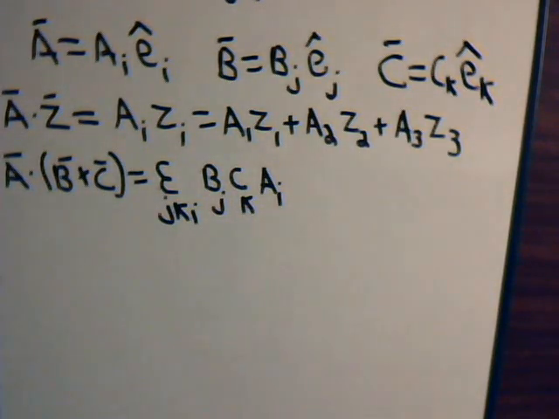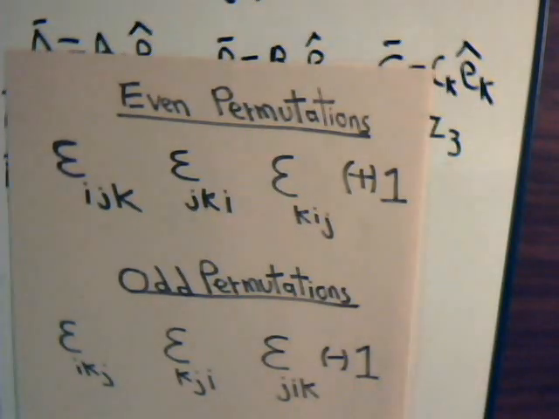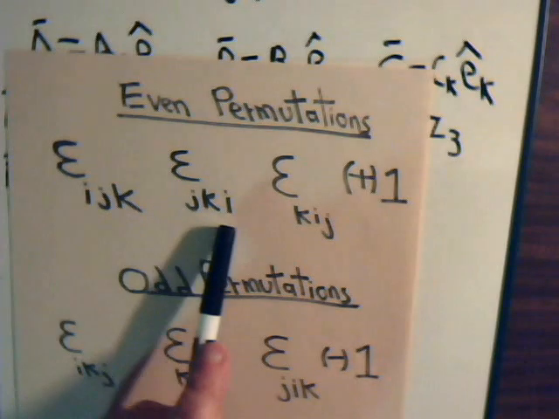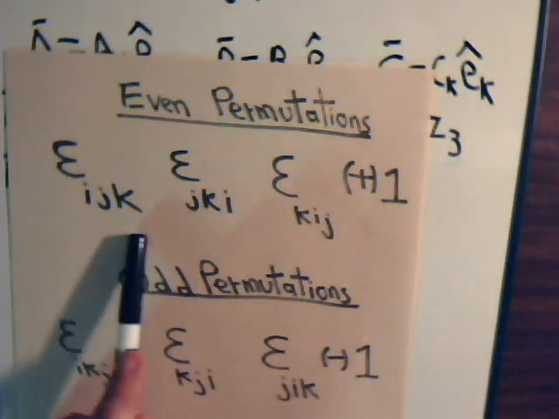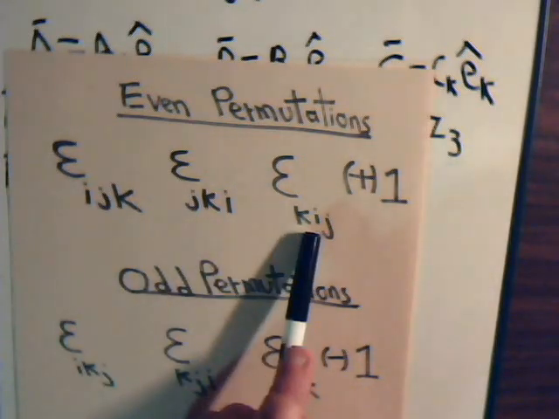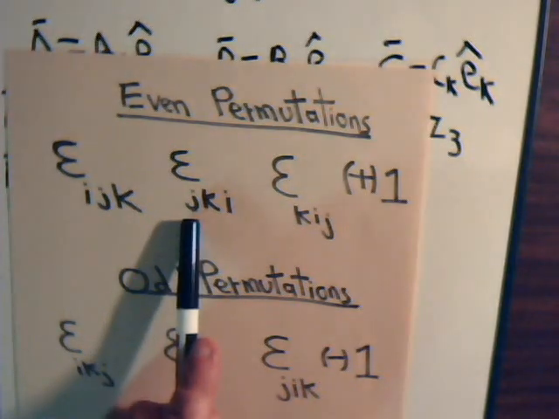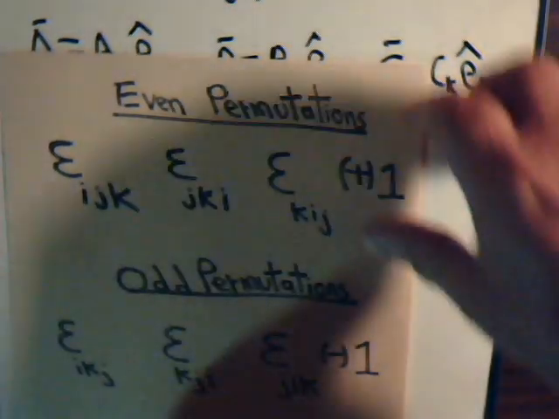Now, remember from, I think it was video number 3, we established that all of these here have a value of +1. This is like our prototypical sequence, and these here are even permutations of that. So epsilon jki is equal to epsilon ijk.